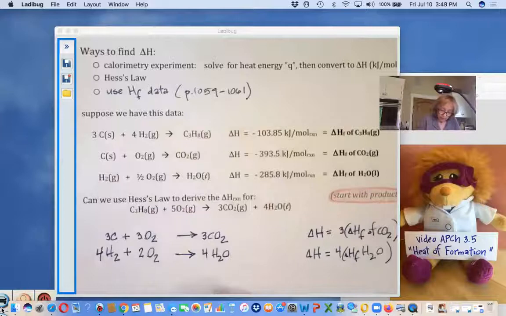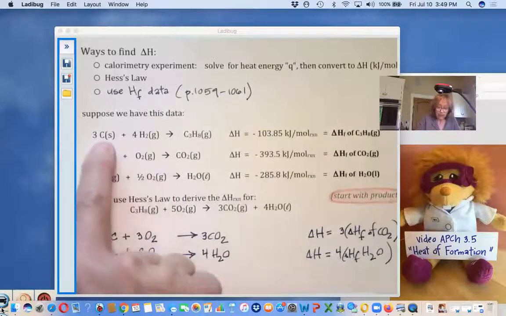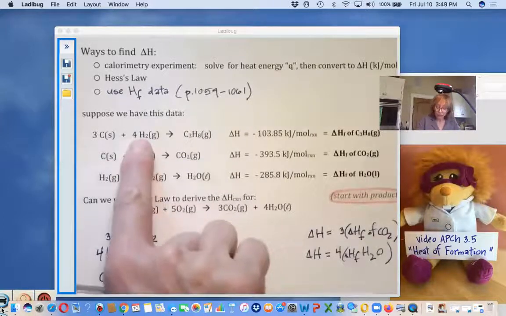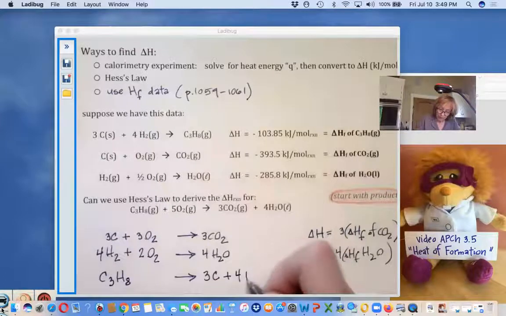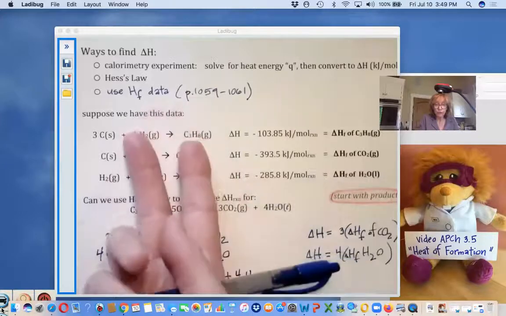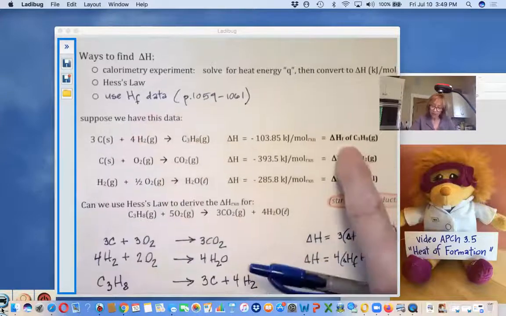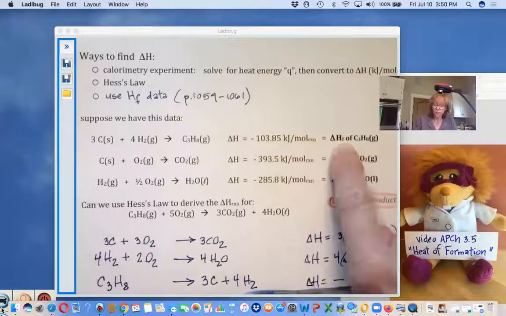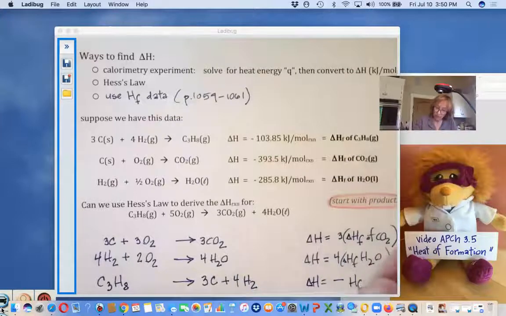So I'm going to put C3H8 on the reactant side, and I'm going to put 3 carbons and 4 H2s on the product side. And because I reversed the reaction, I want to say over here that my delta H is the reverse of the heat of formation of propane.